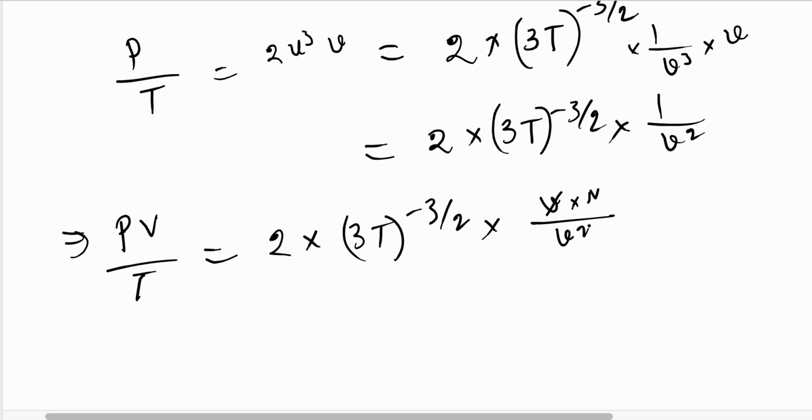So it becomes 2 into 3T to the power minus 3 by 2, N is there, into 1 by V.